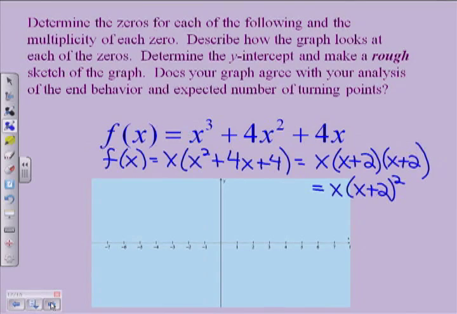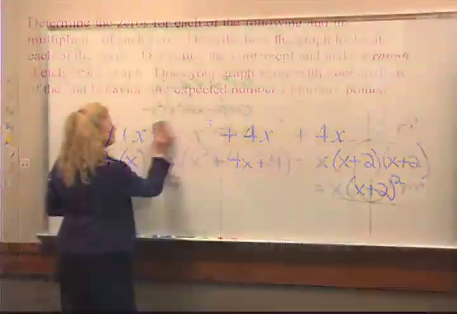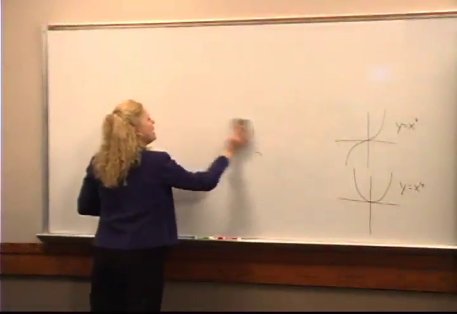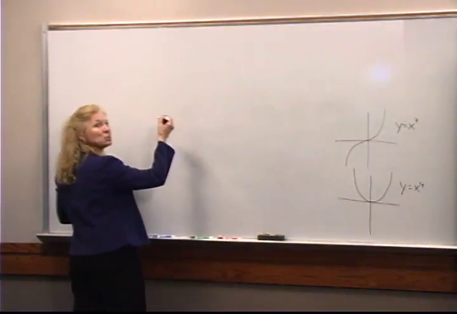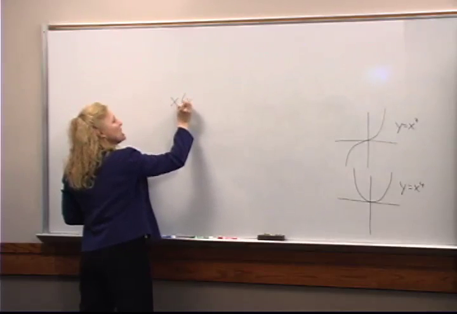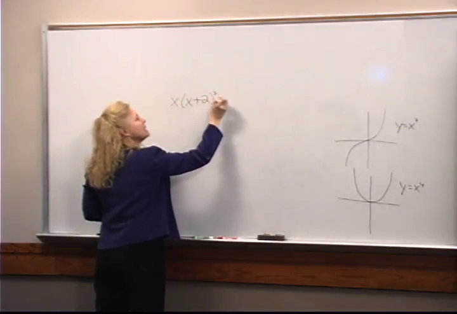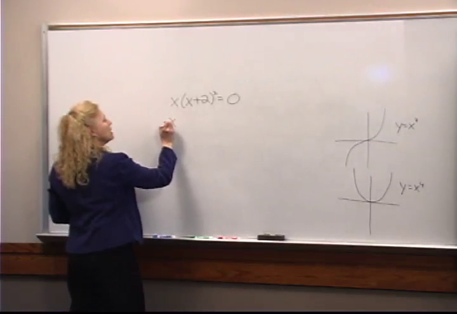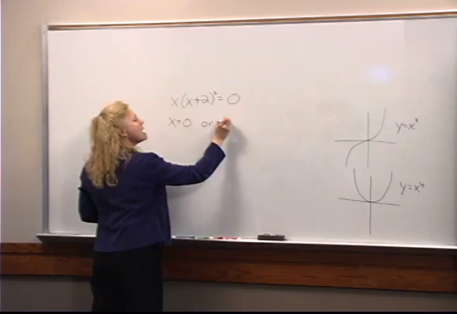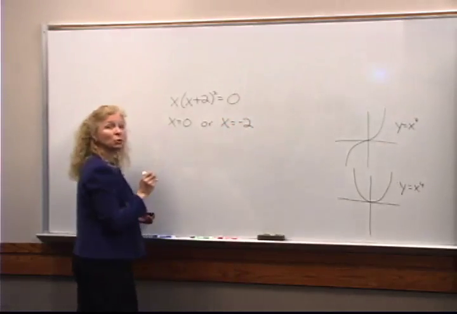Having it in factored form is really nice because it makes it extremely easy to find the zeros. Remember, you always put 0 in for y. If you have it factored, you're looking at the x-intercepts or the roots, because you take this factored form, set it equal to 0, and all the work's done. x is 0 or x is negative 2.